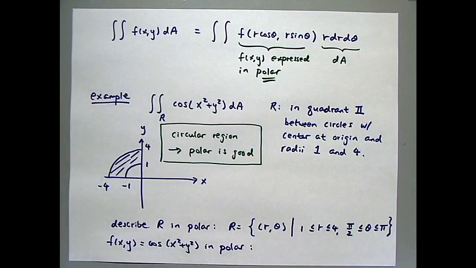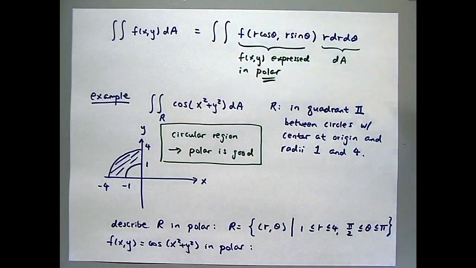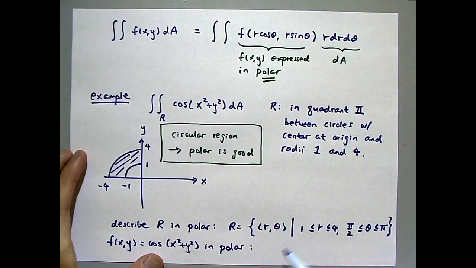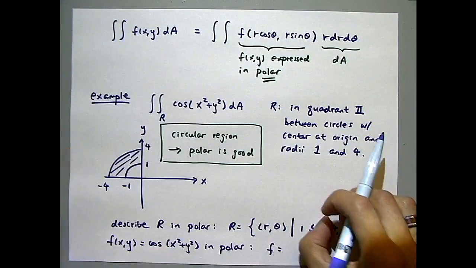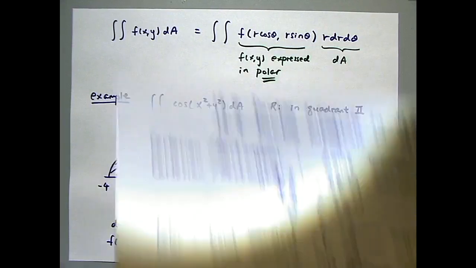Next thing here is the function we're trying to integrate, cosine of x squared plus y squared. Now in polar coordinates, what would that look like? Cosine of r squared, right? Remember our 3 equations we need to know to do conversion.